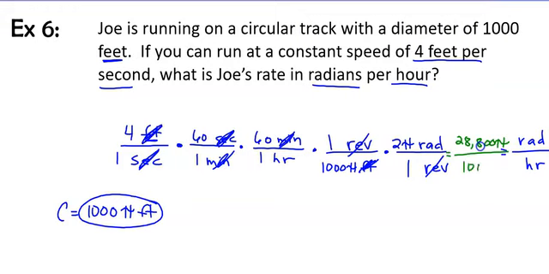So really, we just end up with 1,000 pi. And we actually could have done this sooner if we would have realized it. I guess I just didn't realize it right away. There's a pi on the top and a pi on the bottom. So we can actually just cancel those guys off. And we are left with 28,800 divided by 1,000, which ends up being about 28.8 radians per hour.